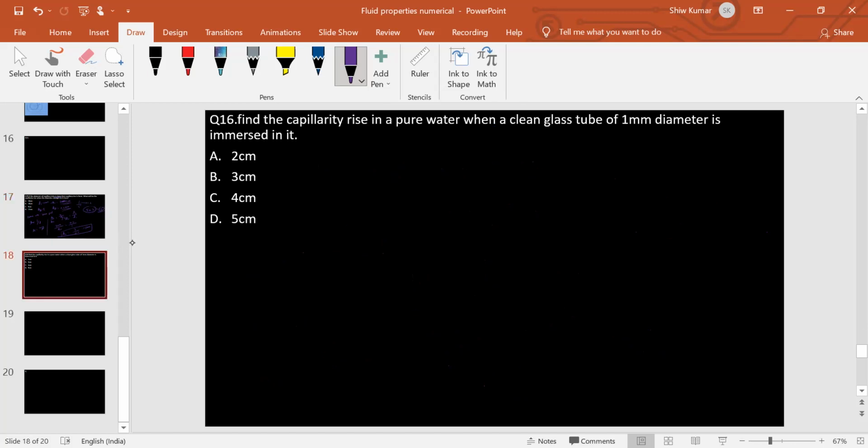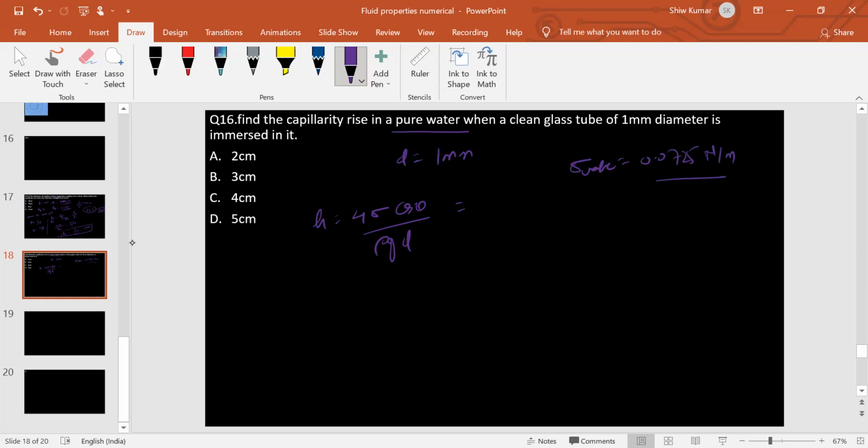Next is: find the capillary rise in pure water when a clean glass tube of diameter 1 mm is immersed in it. We have the formula h is equal to 4 sigma cos theta by rho g d. The sigma for water, remember, is 0.0725 Newton per meter.